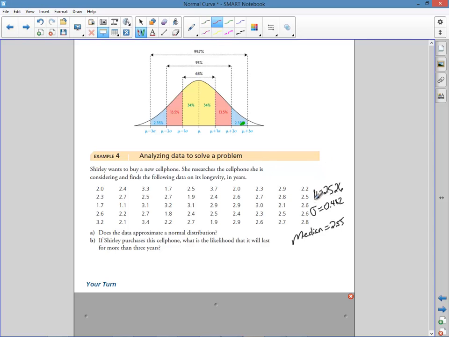So when the mean and median are close to each other, that would suggest that the data is normally distributed. So I'd say it would answer that question.